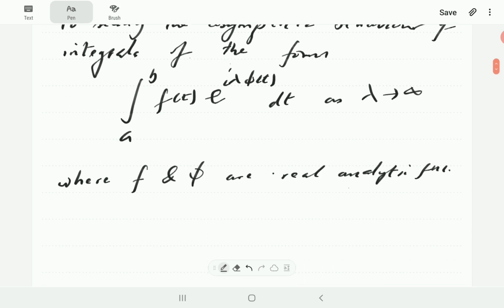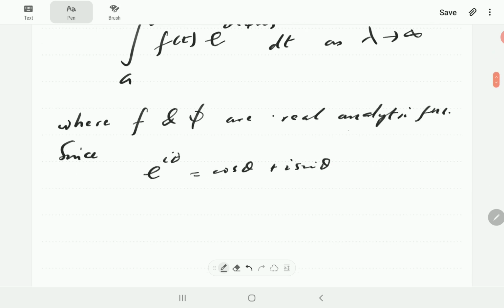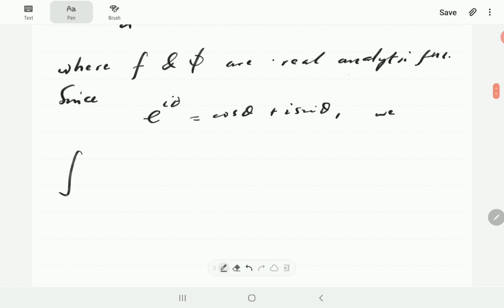Okay, so here we are going to recall that e to the i theta is cosine theta plus i sine theta. So this is one of Euler's formulas. What it means is that this integral here is just an integral of sines and cosines.